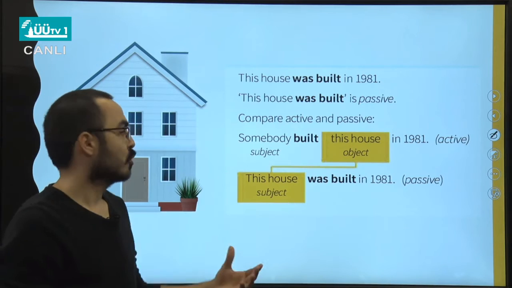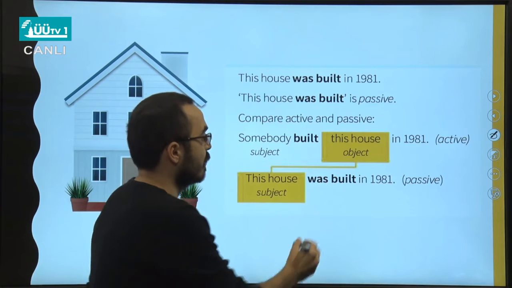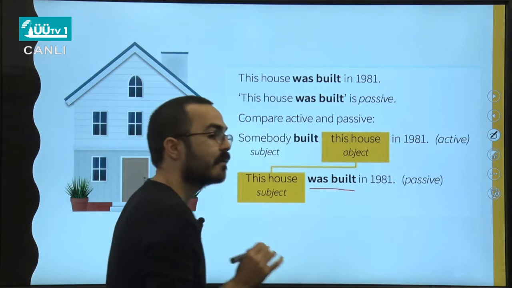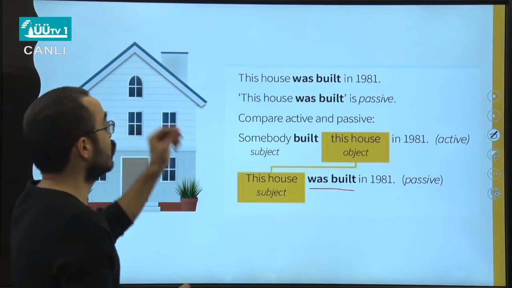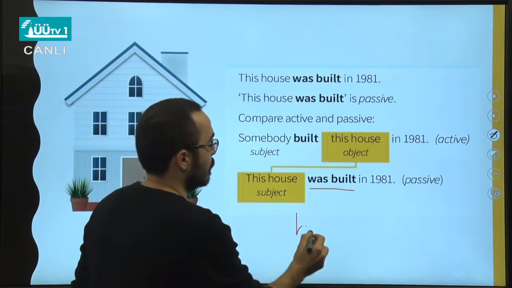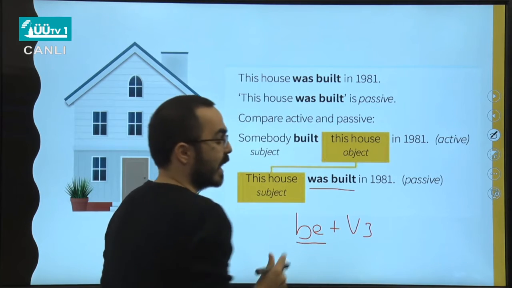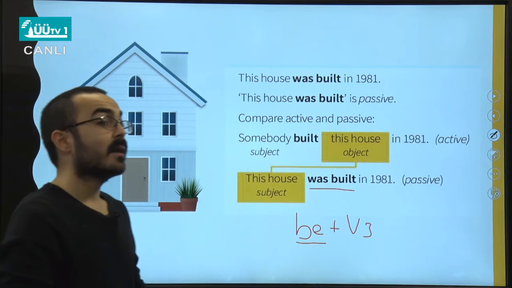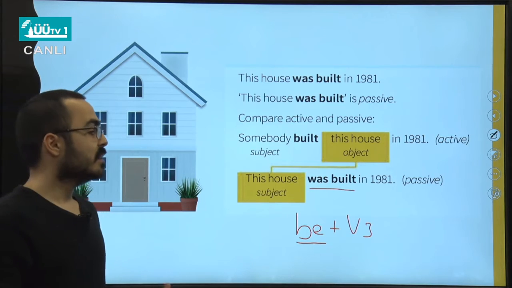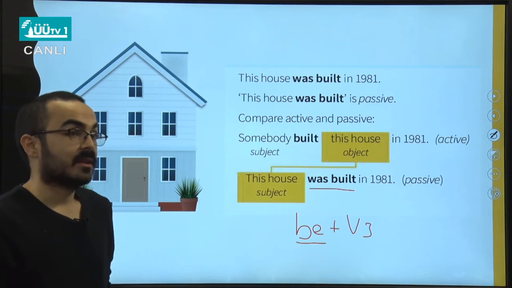This house was built, and as I said before, I have a specific rule for doing the passive voice. What was it? Be plus verb 3, right? And be is a helping verb, I said, right? And for each tense, this be can change, right?